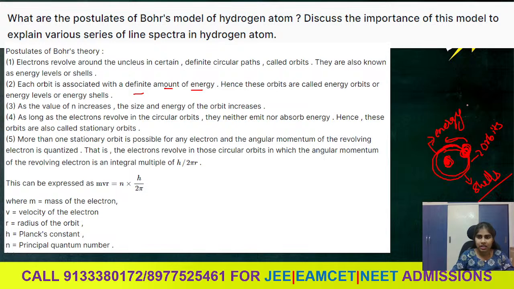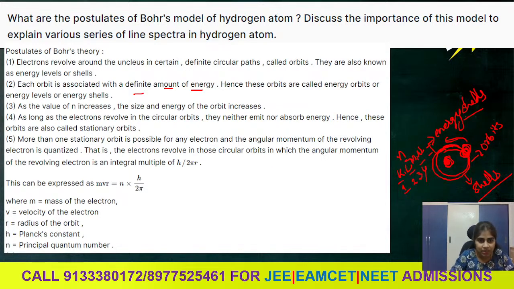So these are known as energy shells, and these orbits are denoted by the value of n, and mainly K, L, M, N shells, etc. K means the first shell, L means the second shell, M means the third, N means the fourth shell. This n denotes the value.